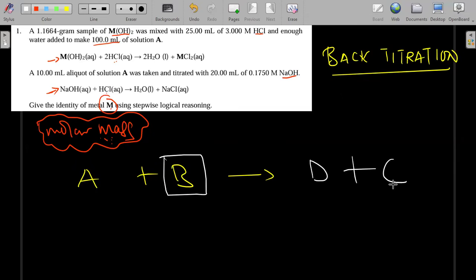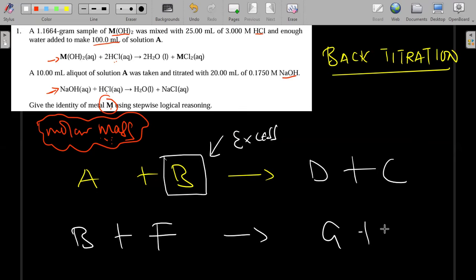After they form their products, because reactant B was in excess, some of it is going to remain. So what do we do with the B that remains? You react it with another substance, let's say F, and then they form products, maybe G and H. So that's the basic idea in the back titration.